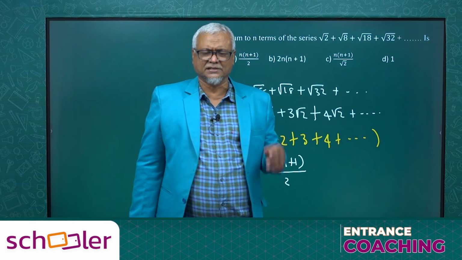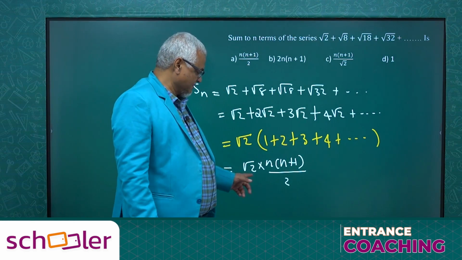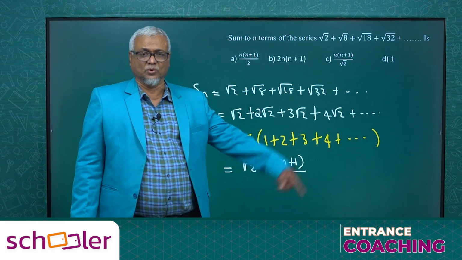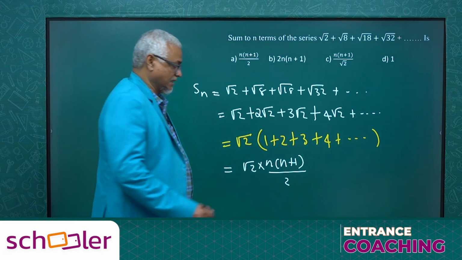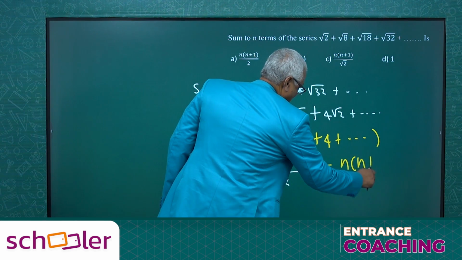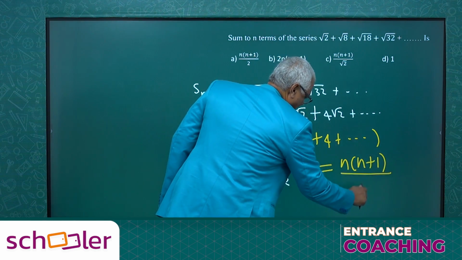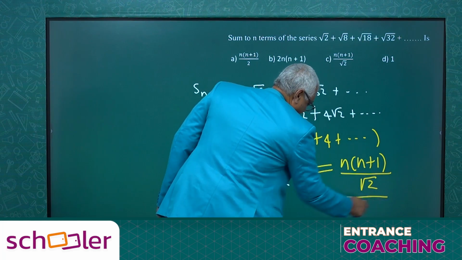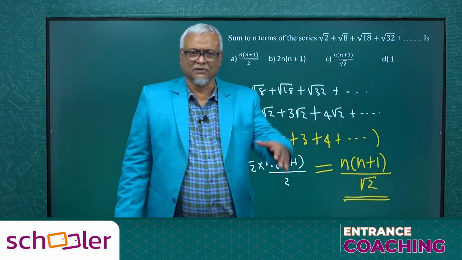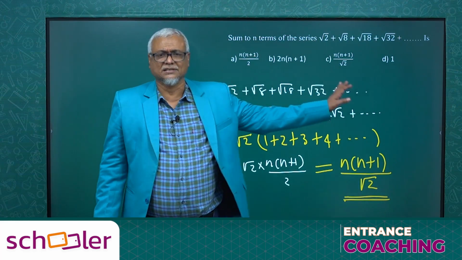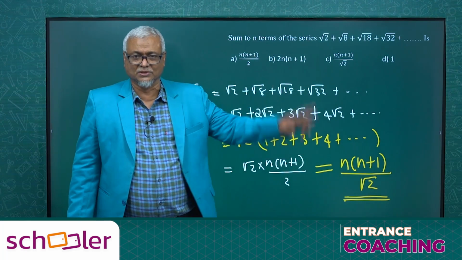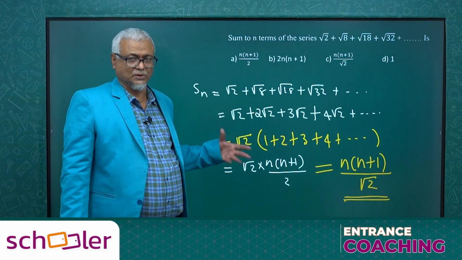What else do we need? We can cancel this root 2 and 2, because 2 is root 2 into root 2. This root 2 will cancel. We got the answer: n into (n plus 1) by root 2. Quickly, once again: we write the series as root 2, 2 root 2, 3 root 2, etc. We take root 2 outside.